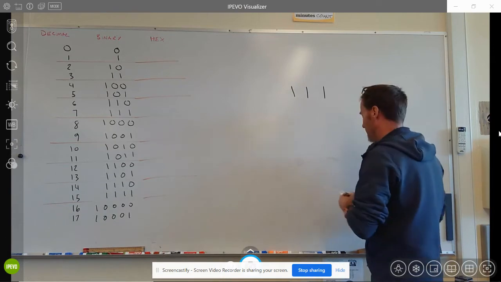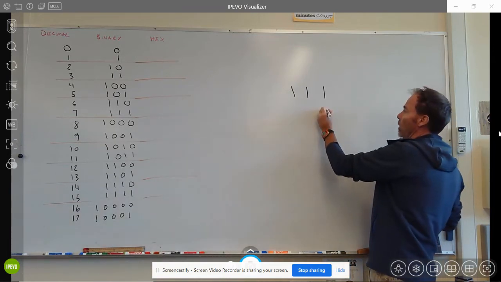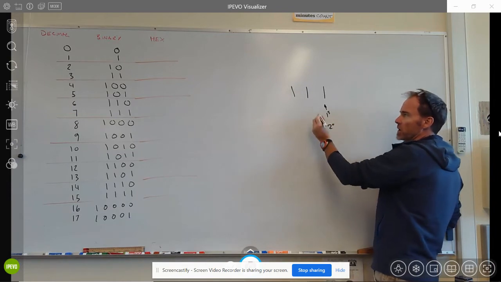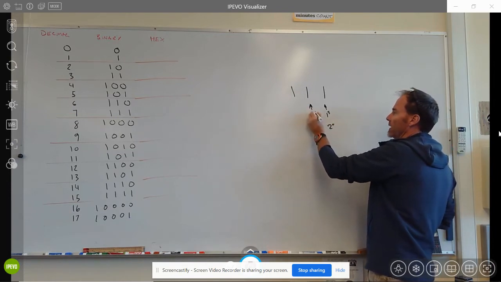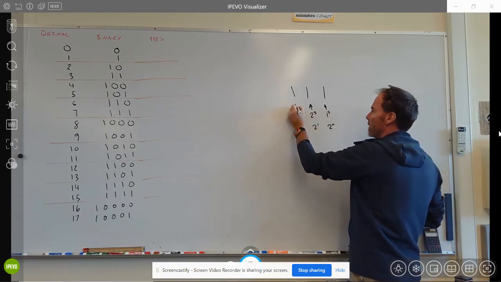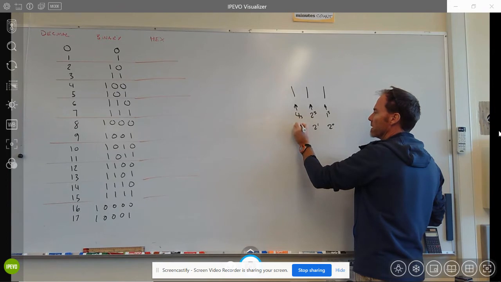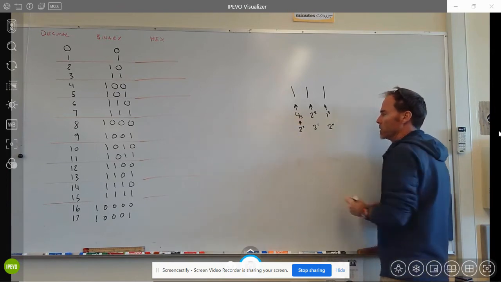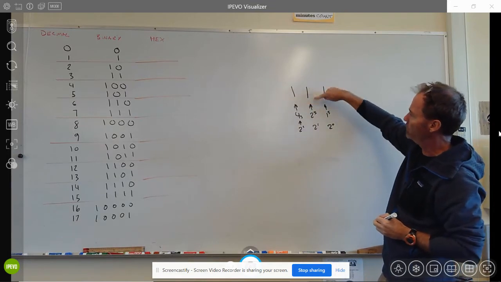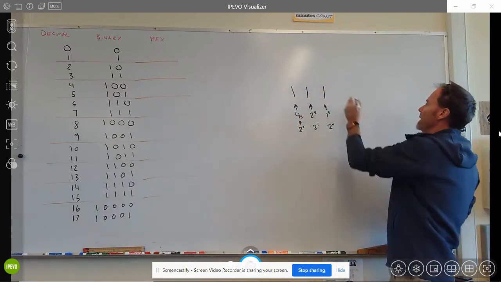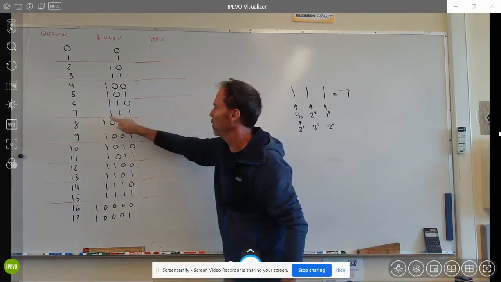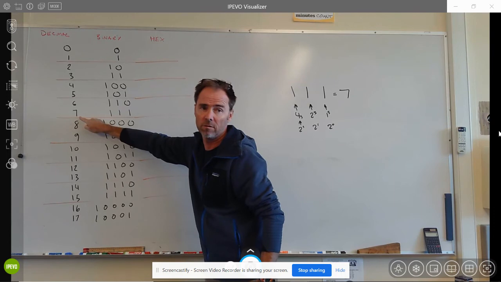The first digit is the ones, because that's 2 to the 0. The second is the 2s, 2 to the first power. The third is the 4s, 2 to the second power. So now I have 4 plus 2 plus 1, which is 7. 1, 1, 1 is 7.